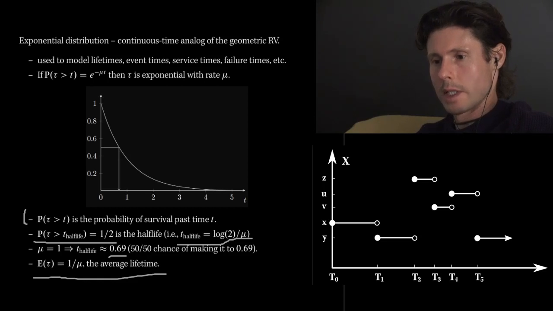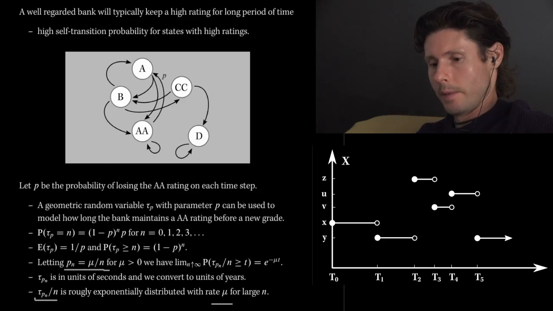It is obviously continuous and non-negative, and we've just seen that, as a more or less hacky way of modeling how long we maintain a rating, once you fix a time unit and take your discrete model and use higher and higher frequencies, you eventually get an exponential distribution.